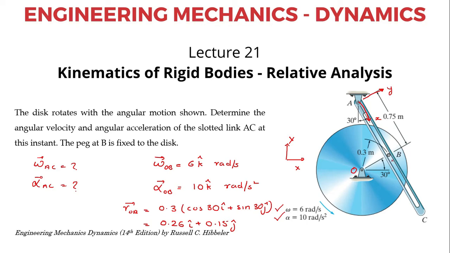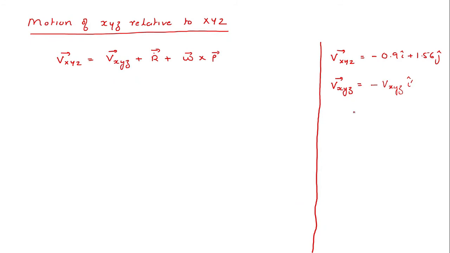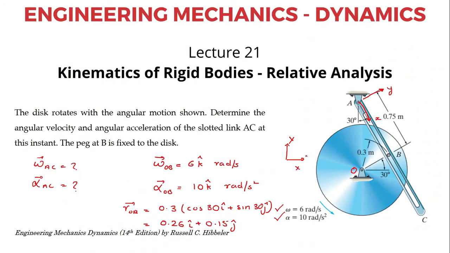Now let us try to express this i dash in terms of i and j, in terms of the unit vectors along the primary axis. If you see this figure, i and j are fixed, and i dash and j dash will keep on rotating with the rotation of the link.